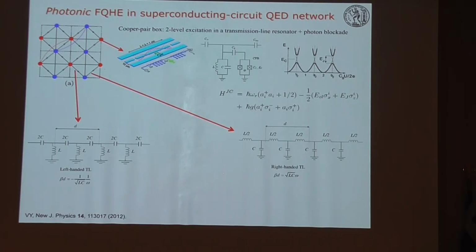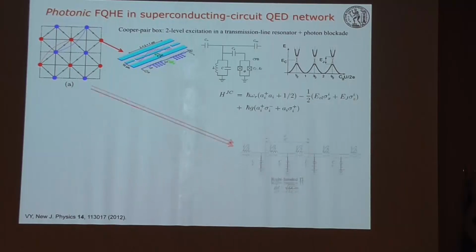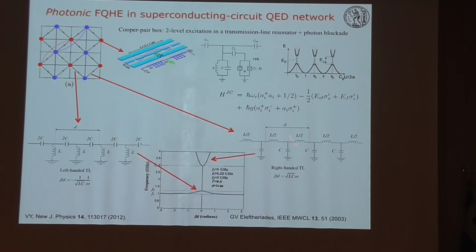So if one solves this electric problem for an infinitely periodic transmission line, for this case we have a right-handed transmission line, which means that as the propagation constant increases, so does the frequency, while here we have a so-called left-handed band, where as the propagation constant or wave vector increases, the frequency decreases, which means that this way we can achieve a negative phase velocity for waves traveling between first neighbors.